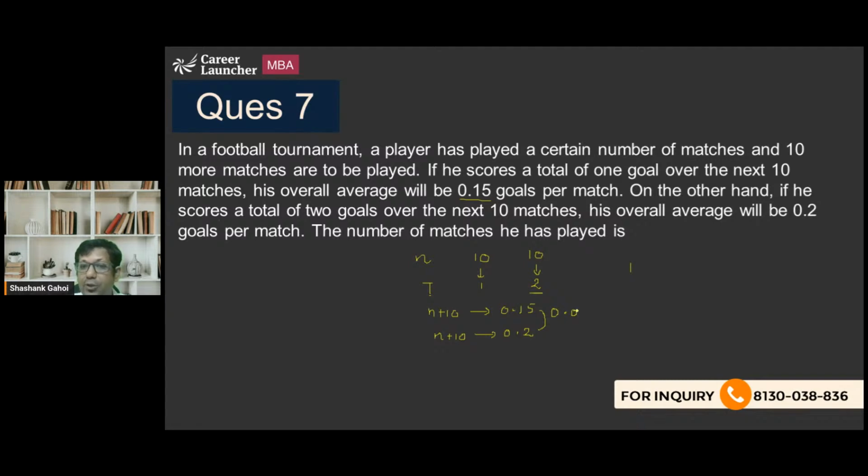That is 0.05. Okay, so basically an increase of 1 goal is giving a change in average of 0.05. Then what is the number of matches we are talking about? That is 1 upon 0.05, and that's equal to 20 matches. And 20 matches means n plus 10 is 20. So what is the current total number of matches played? That is going to be 10. So the answer of this question is going to be 10.